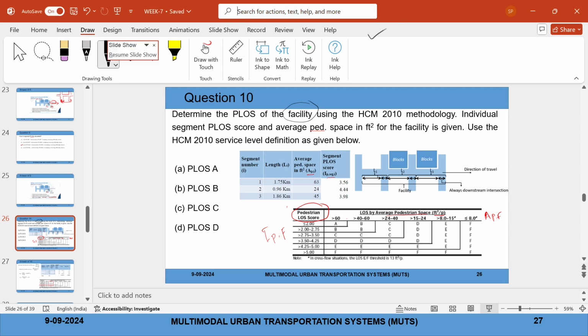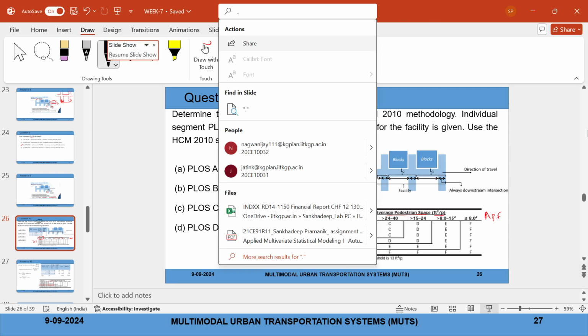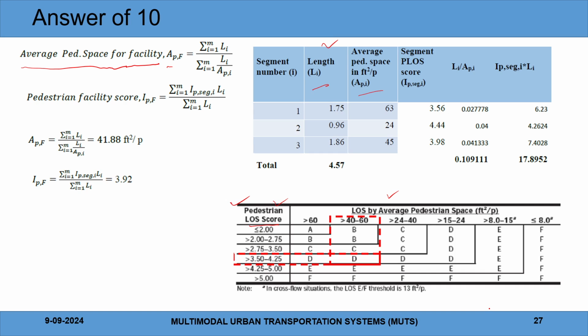These two are given for three segments. The values of length and API are given. So now we need to calculate APF, and here the denominator is Li by API. So Li, this one, divided by API, this one.